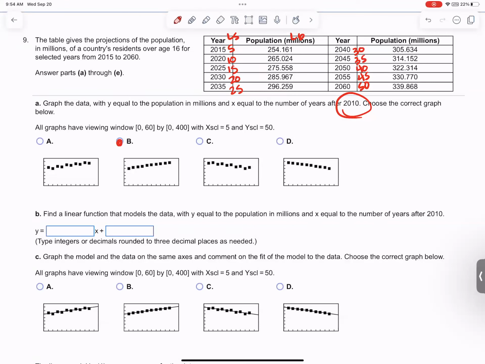All right, now that I have the graph, I am going to run the regression on it. So I'm going to go to my stat menu, calculate number 4. I'm going to do that on L5 and L6 because that is where I put my data. And I'm going to store that in Y1.